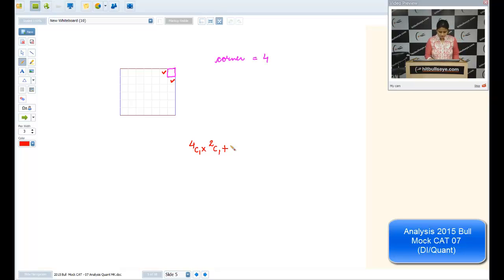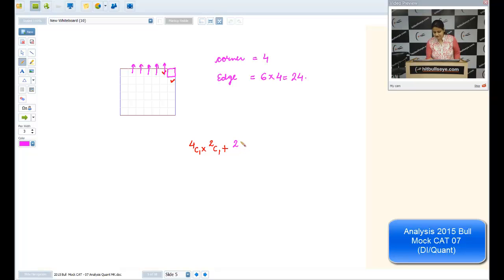Now I am taking all these squares which are on edges but not the corner squares. I mean these squares. In an 8 by 8 chessboard, we have 6 edge squares on one edge. So in total there will be 24 edge squares.